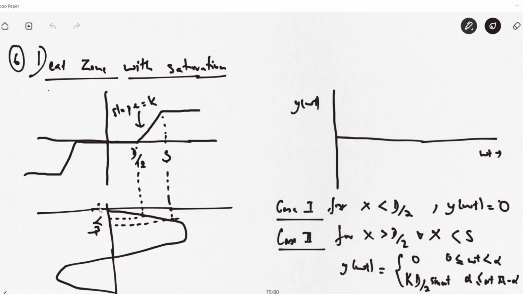From 0 to alpha, the output will be 0 because this falls under the dead zone period.